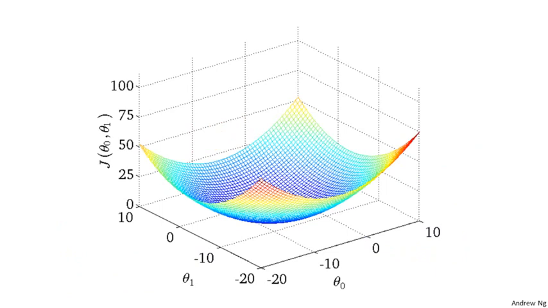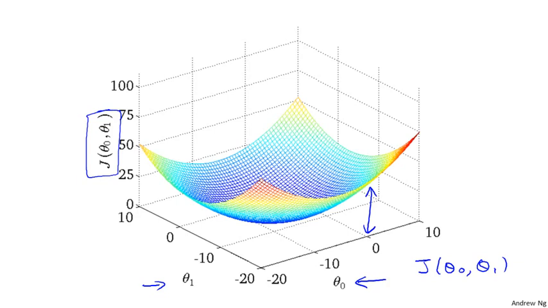This is a 3D surface plot where the axes are labeled theta 0 and theta 1. As you vary theta 0 and theta 1, the two parameters, you get different values of the cost function J of theta 0, theta 1. The height of this surface above a particular point of theta 0, theta 1, that's the vertical axis, indicates the value of J of theta 0, theta 1.